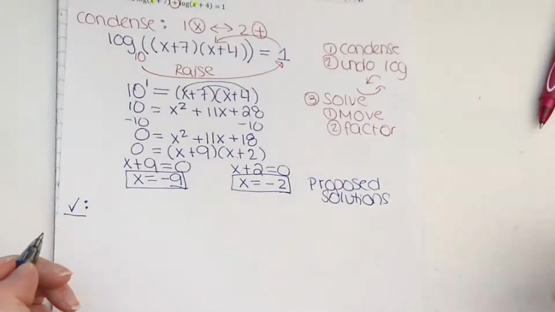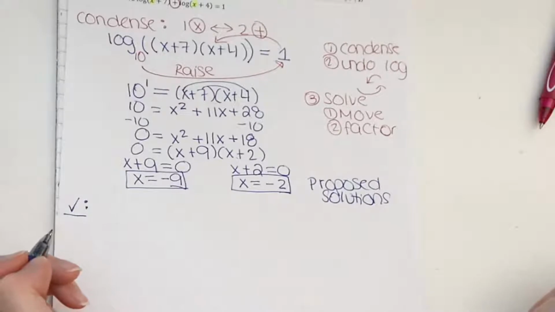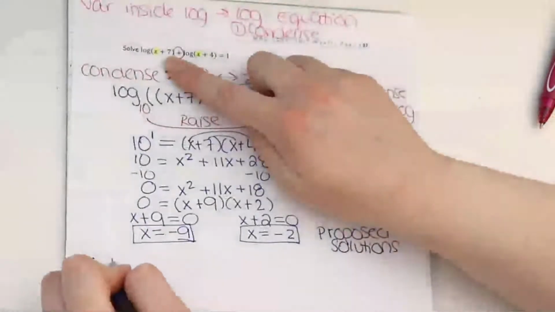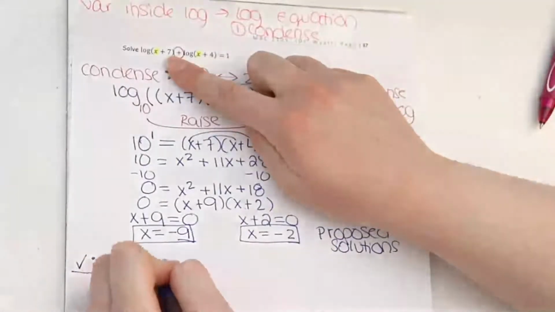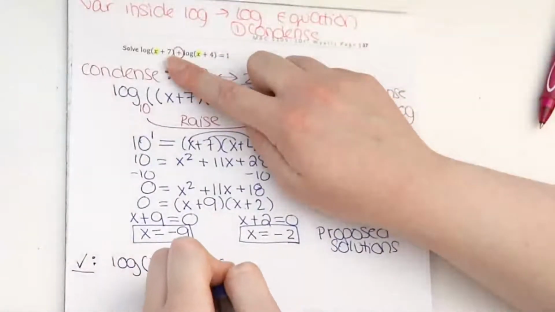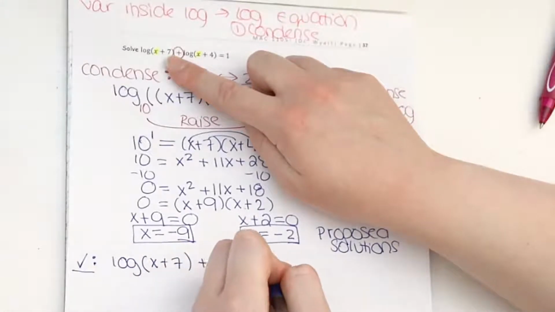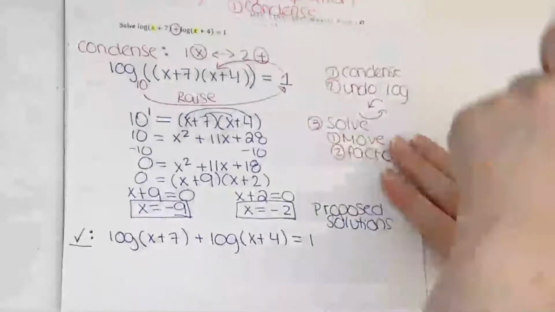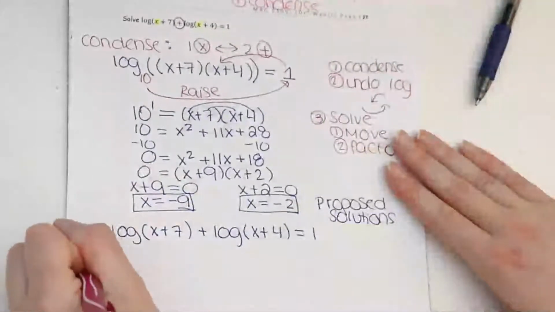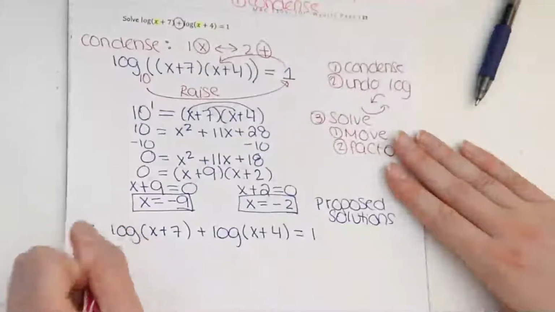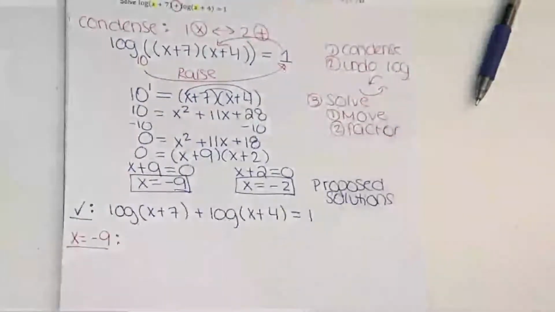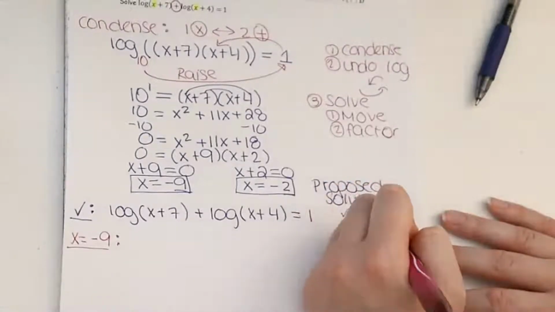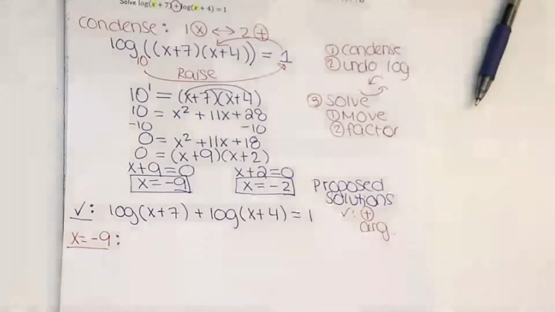Now, when we're checking, we always have to check back into the original equation. So our original equation is up here: log of x plus 7 plus log of x plus 4 is equal to 1. We'll start by checking the negative 9. Keep in mind, you're not checking to see if the x is negative. What you're checking for is a positive argument. So that's your check step: that the parentheses quantity is positive.